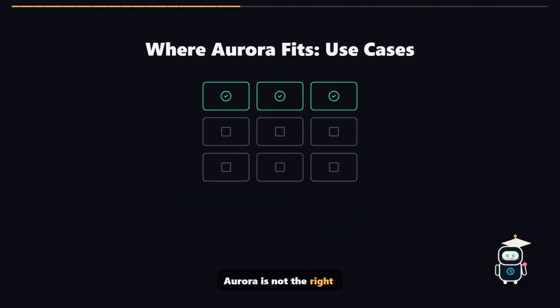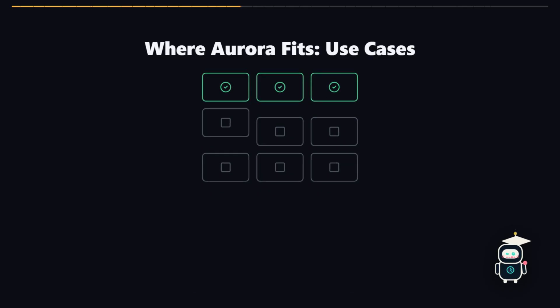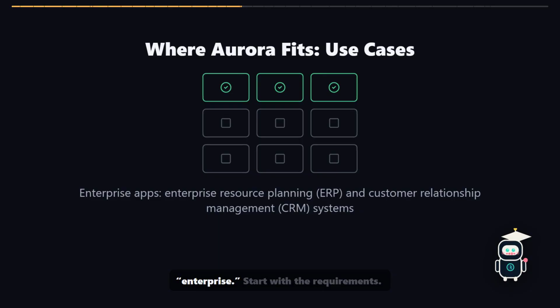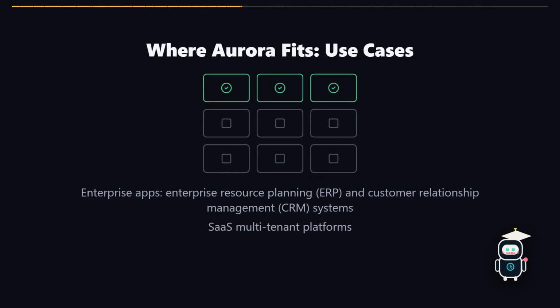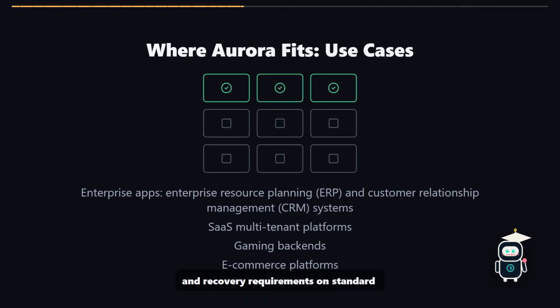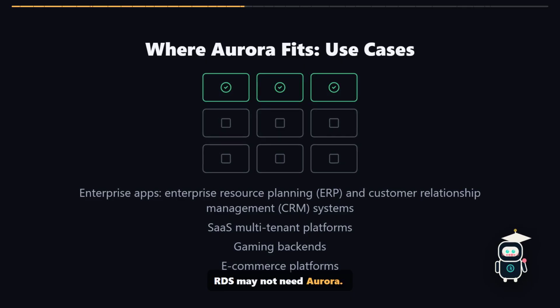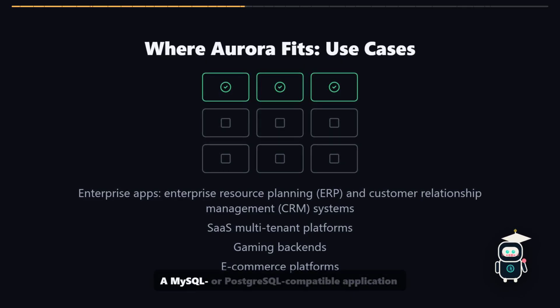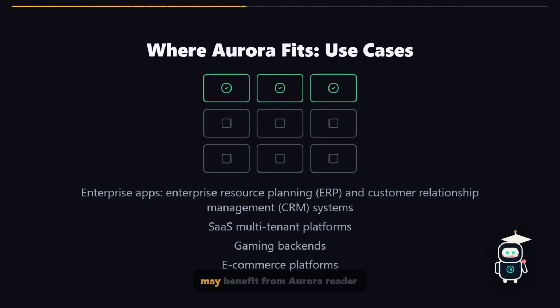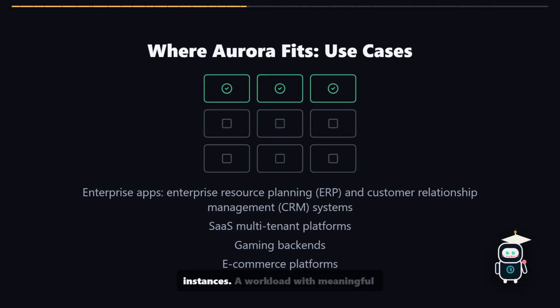Aurora is not the right choice just because an application is large, important, or called enterprise. Start with the requirements. A steady PostgreSQL application that already meets its availability, performance, and recovery requirements on standard RDS may not need Aurora. A MySQL or PostgreSQL compatible application with substantial eligible read traffic may benefit from Aurora reader instances.